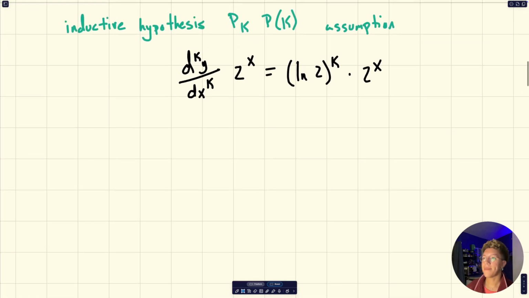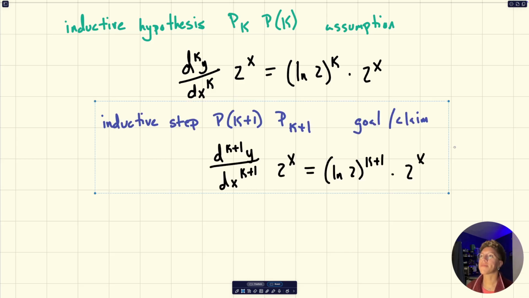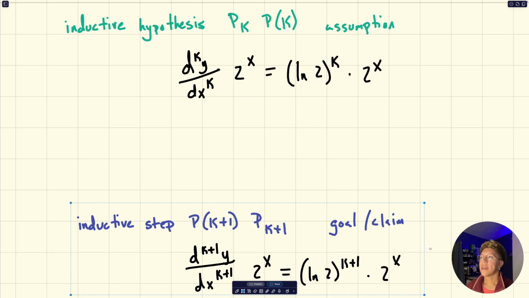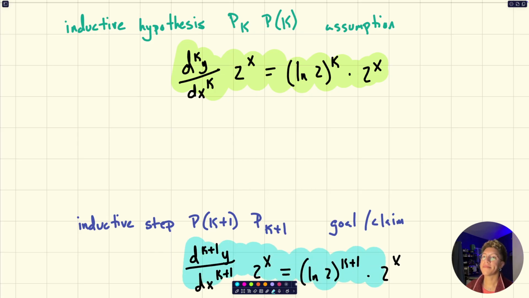We won't need that much space. As we'll see, this is a pretty quick process. Maybe just to be consistent again, let's give our highlighting. So our assumption is here, and our goal in blue is at the bottom.